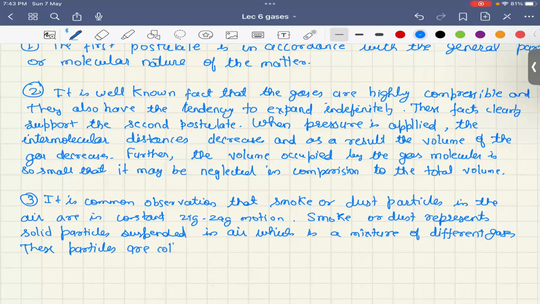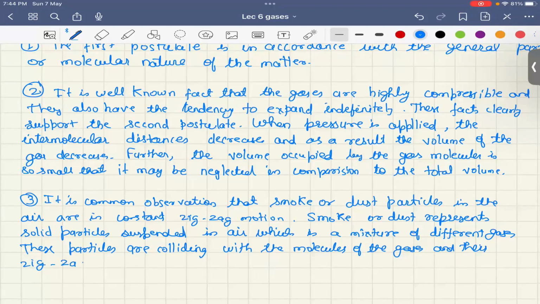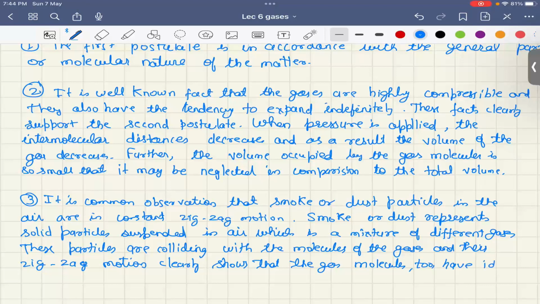These particles are colliding with the molecules of the gases, and their zigzag motion clearly shows that the gas molecules too have identical motion, right?